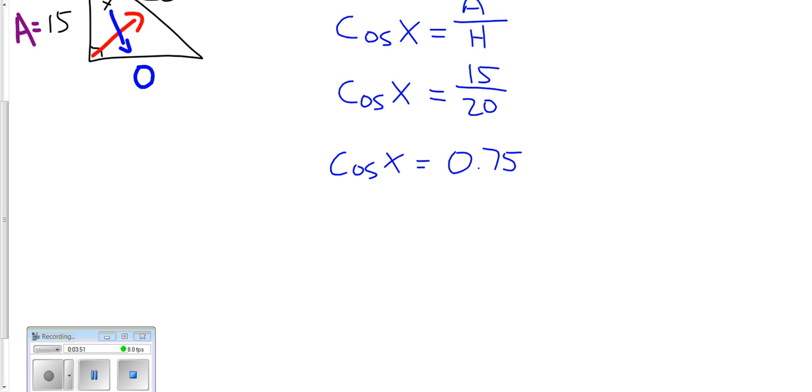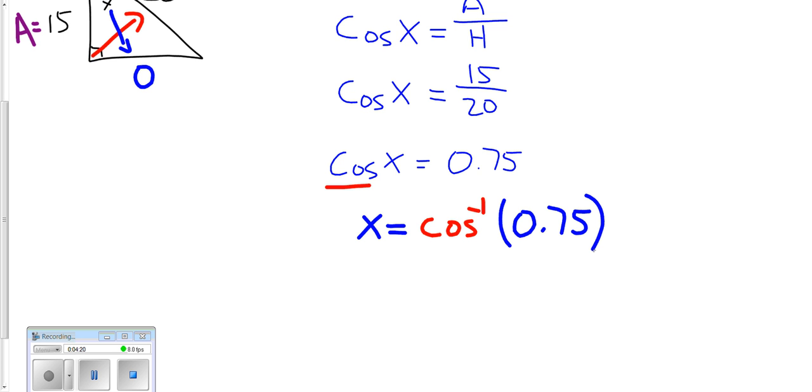So now I need to get that x value all by itself. And to do that, I need to use the opposite operation of cos. So I'm going to do x is equal to cos -1, or rather the inverse cos of 0.75.